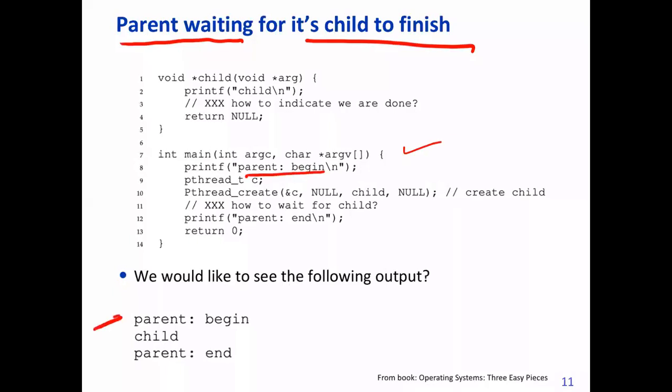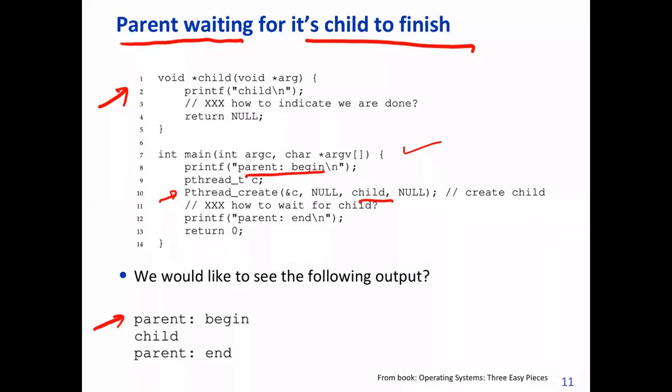This is the first thing we would like the process to do. Then it will create a thread using the pthread_create call, and then a child is created. This is the code corresponding to the child thread.